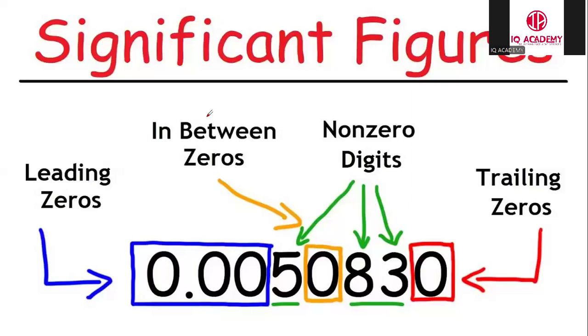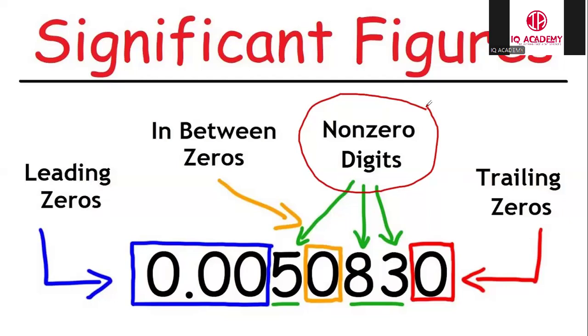The first one talks about non-zero digits, meaning a number that is not zero. All non-zero digits are significant, because they have a meaning. If I say I have 5 kwacha or $5, it gives you information about how much money I have. So non-zero digits are all significant.